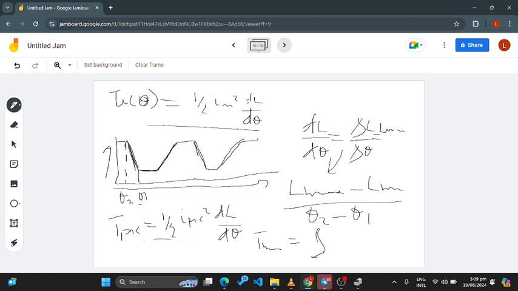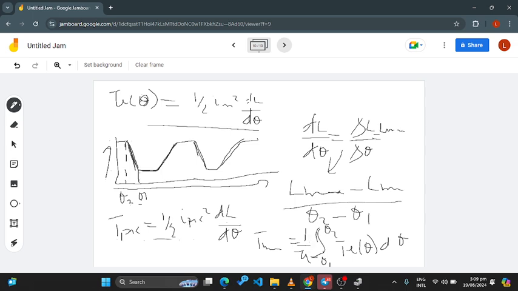So I just have to integrate the signal, which is the torque as a function of angular position, with respect to theta, from theta 1 to theta 2. Then I divide it by the period, which is pi. That's going to give me the average.